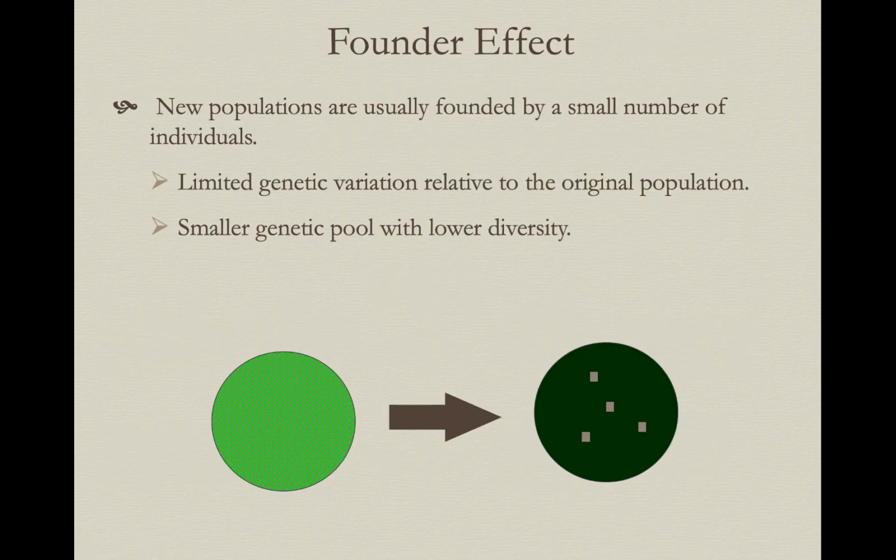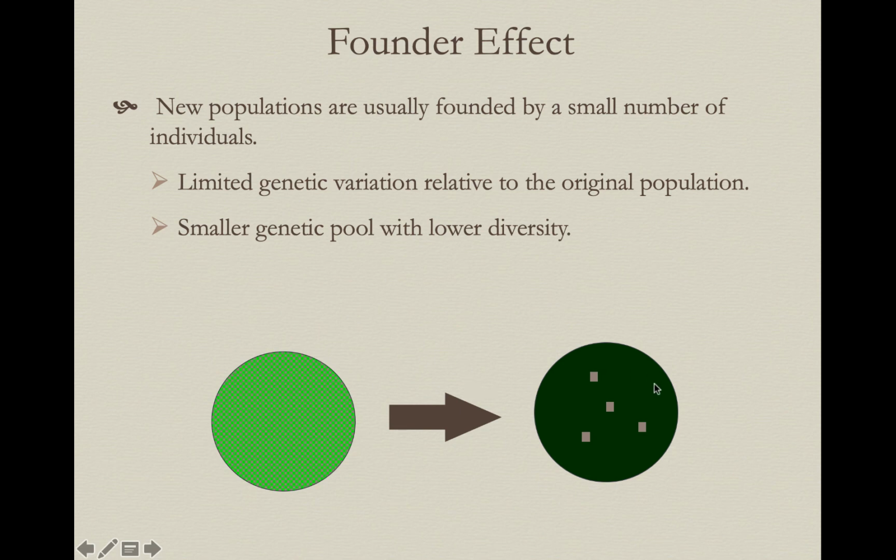So there are a couple of specific terms associated with patterns of genetic drift. One is called the founder effect. Let's say that you have a new population founded by a small number of individuals. So let's say that this is again a population of birds that have the green allele and the brown allele. It's a big continental population.